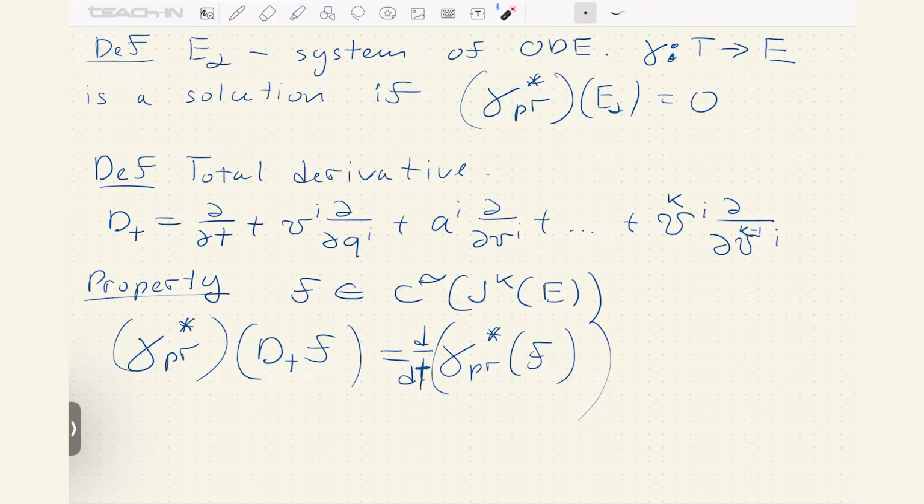These must coincide. The only subtlety is, for this to be really true, your k, the order of the jet bundle, should be sufficiently high. It should be greater than the highest derivative on which f depends.